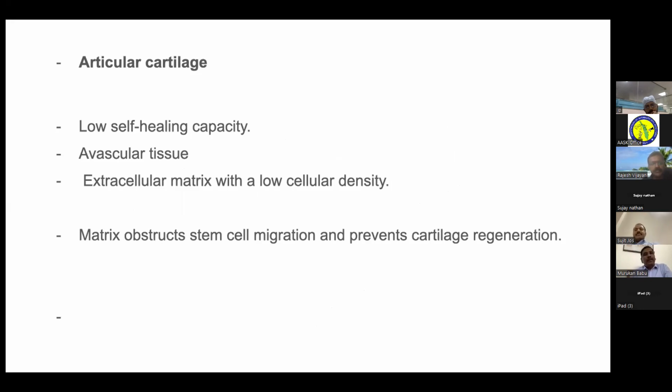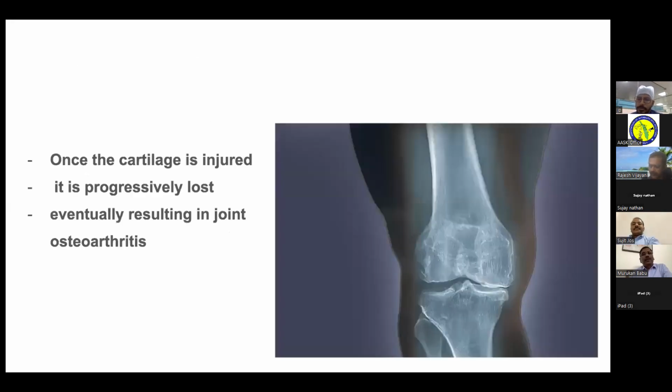It has a low self-healing capacity because it is avascular, or hypovascular. Histologically, it has an abundant extracellular matrix with low cellular density, and this abundant matrix obstructs stem cell migration and prevents cartilage regeneration. So once cartilage is injured, it progressively loses its tendency to heal and its potency to resist load, and eventually it results in joint osteoarthritis.